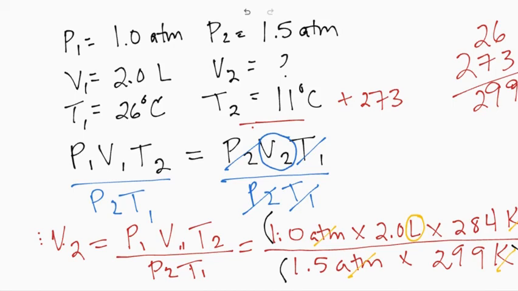And one last tip then is to not do any rounding until you have your final answer. So write down all the numbers you have while you're doing the calculation. And for this particular problem, because I have 2 significant figures in all of my givens, every single one of them, I'm going to keep 2 significant figures in my answer.